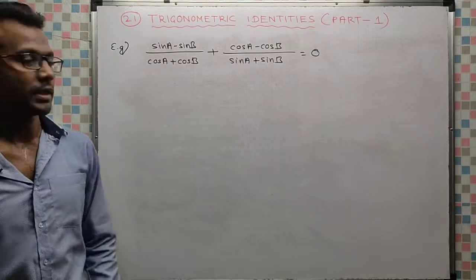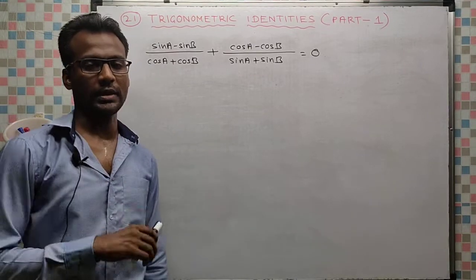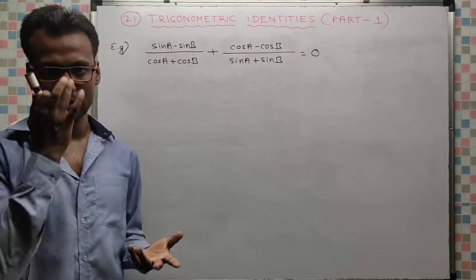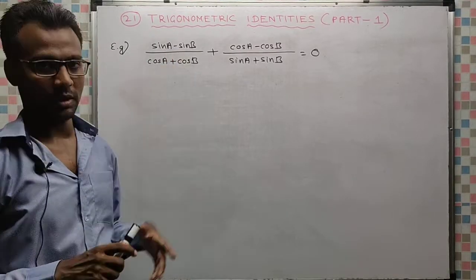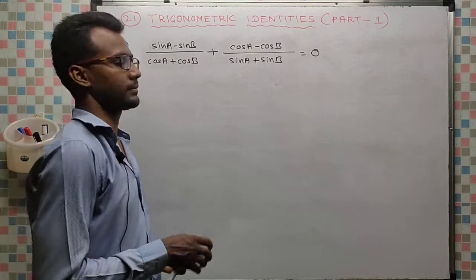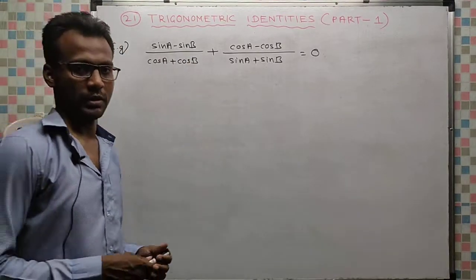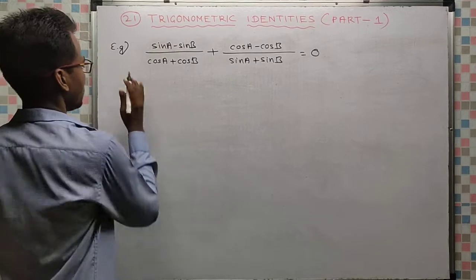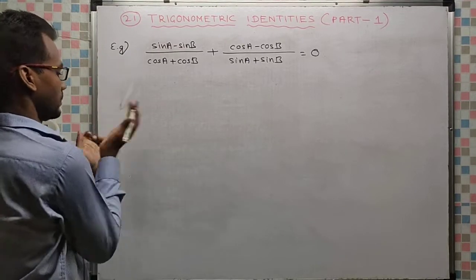It looks very complicated. Why? Because there are two angles. When there is only one angle, it is very simple. It may have denominators. But there are two angles, A and B, so it is more complicated. So let us start from the LHS side. Obviously, it is more complicated.